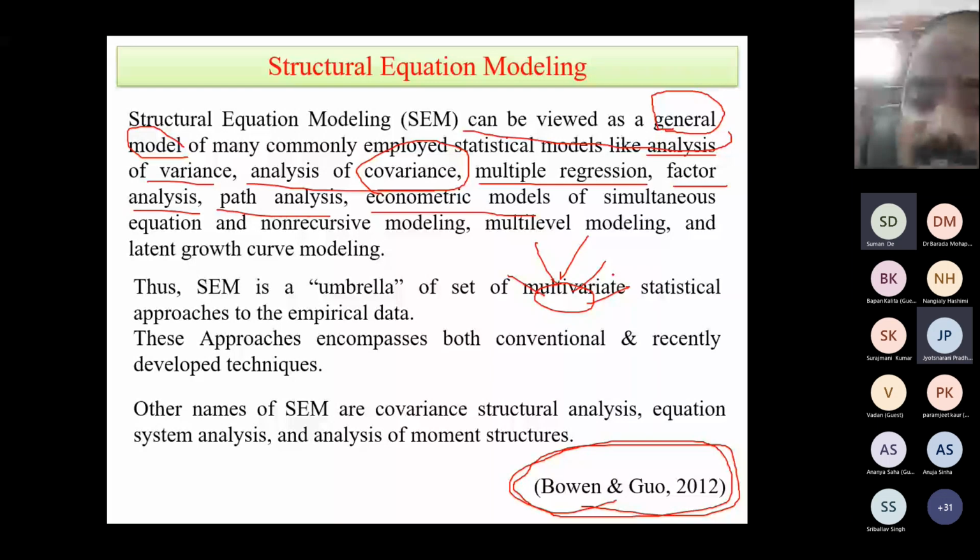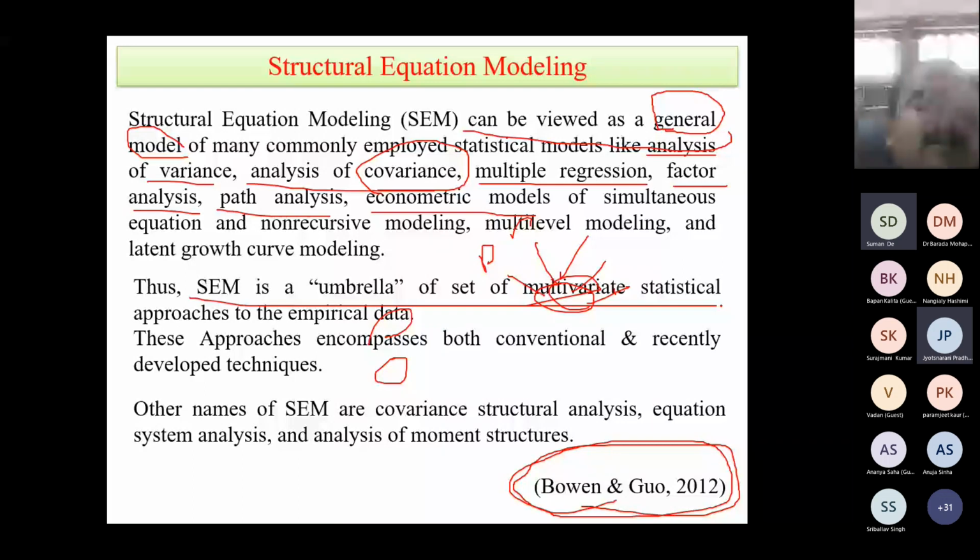And we are doing factor analysis because we are reducing the number of indicators to single factors or constructs. And all the econometrics means relationships. A very simple, exhaustive, comprehensive explanation has been given by Bowen and Guo. And they say SEM is an umbrella of a set of multivariate statistical approaches.